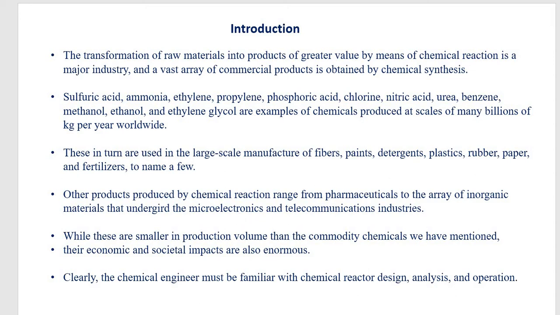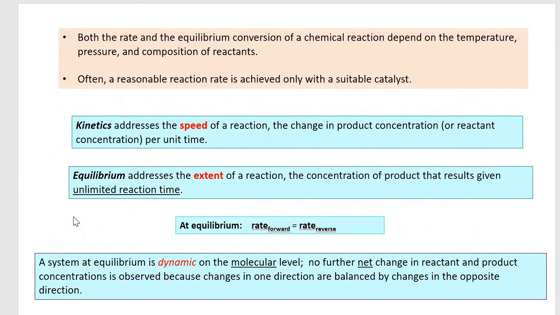And one criterion is the consideration of chemical equilibrium, because in reactor design, two most important concepts are considered. One is the speed of the reaction, or the speed of the process of converting raw material into products, that comes under the area of chemical kinetics.